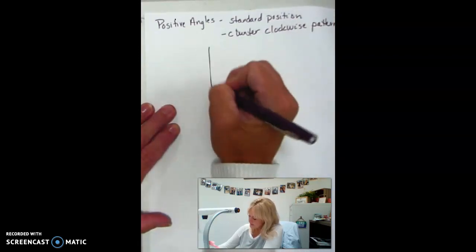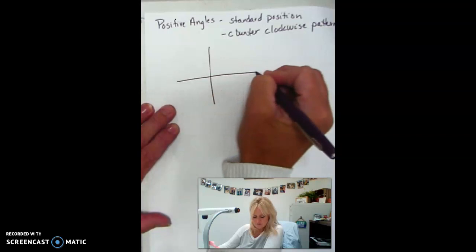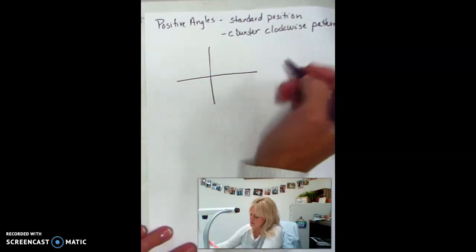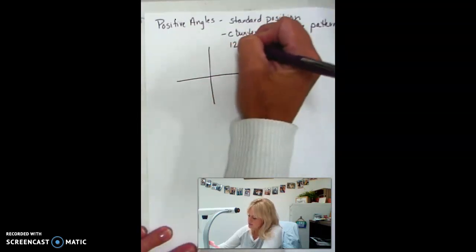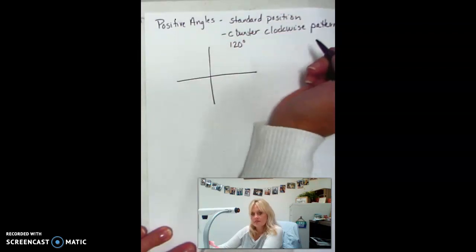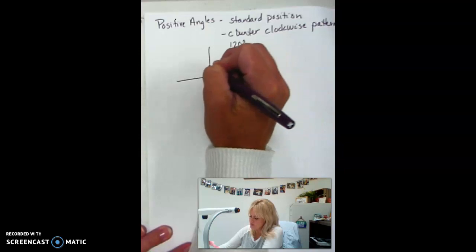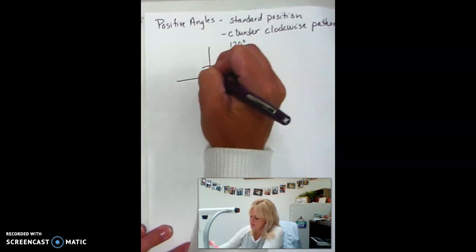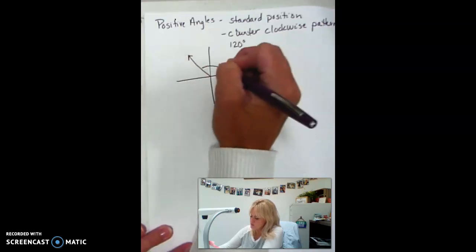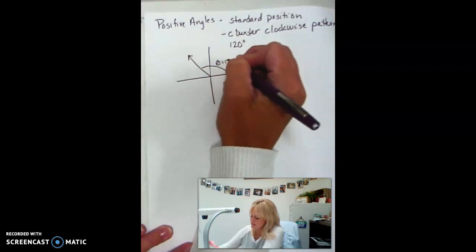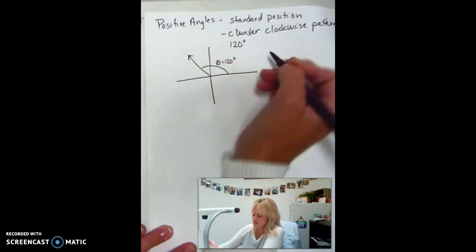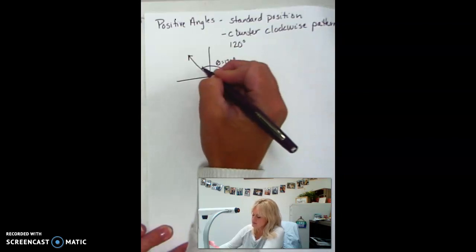So if I have my origin here, and I'm asking you to sketch a 120-degree angle, we will always start at 0. This is 90. We don't want to go as far as 180. So this would be theta at 120 degrees. This is a positive angle.